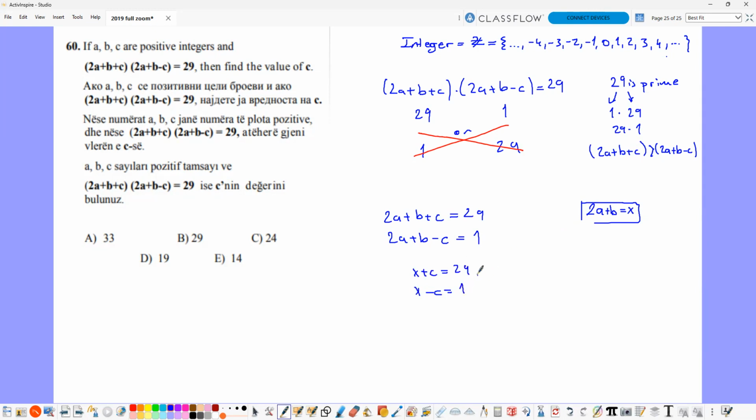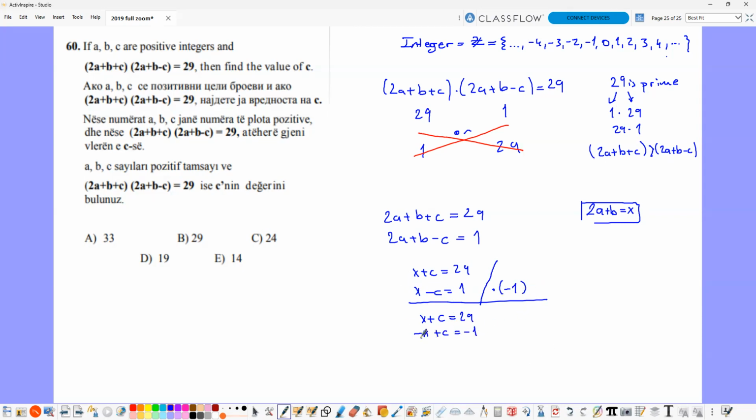Since I'm looking for the c value, I'll use the elimination method. I can eliminate the x by multiplying by -1, and when you multiply one row, you should multiply all the terms. So x plus c is equal to 29, and minus x plus c is equal to -1.